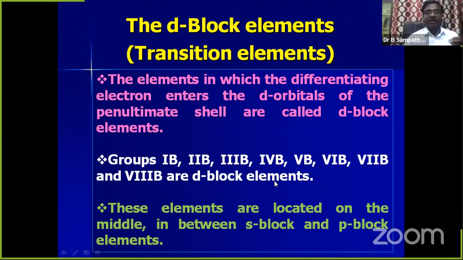From 1B to 8B elements are called d block elements, children. These are in the middle of the periodic table, in between the s and p blocks.